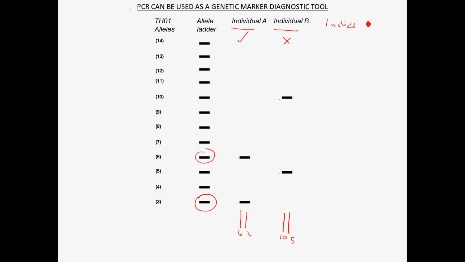What would it look like if you had inherited only one allele? Let's say that you are heterozygous for the disease. What would your PCR result look like there?